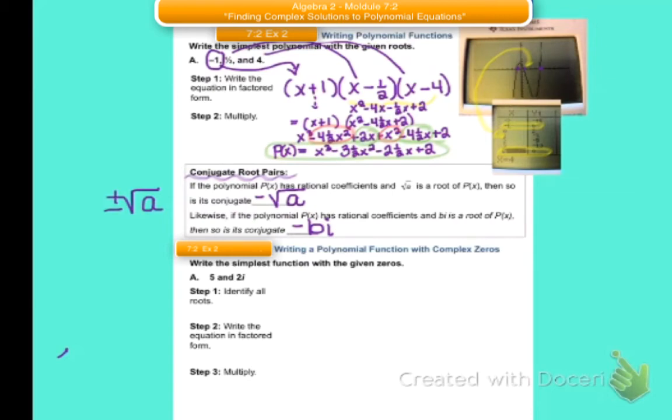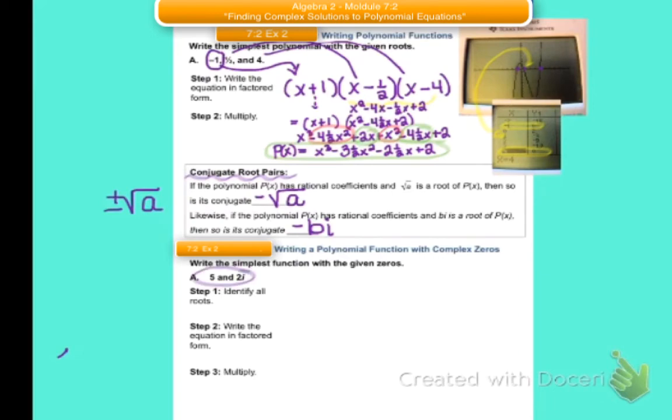And so when we're trying to write polynomial functions, when some of the roots are square root solutions, or when there's complex zeros, we have to keep that in mind and remember that those always come in pairs, conjugate root pairs. Here's an example where you see this come into play. It says, write the simplest function with the given zeros of 5 and 2i.